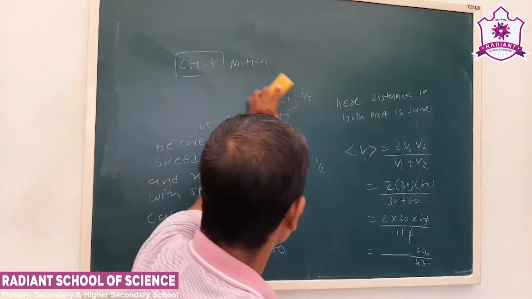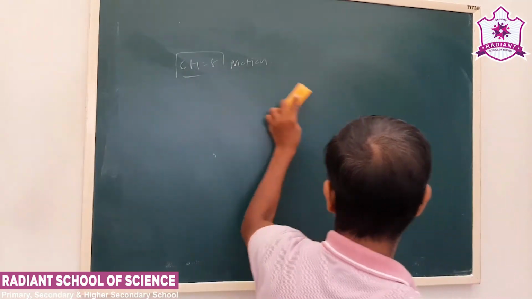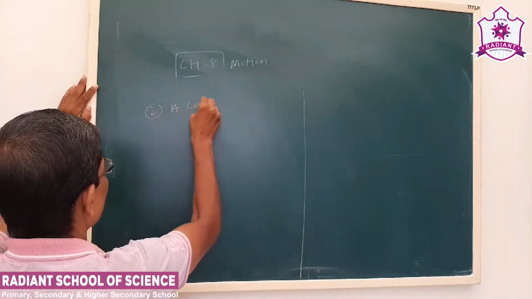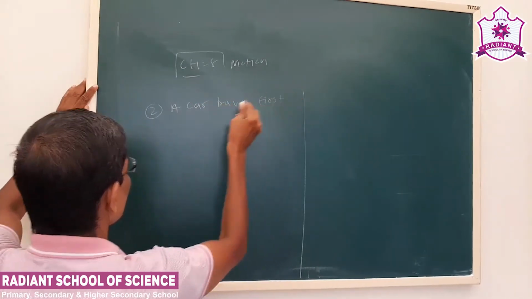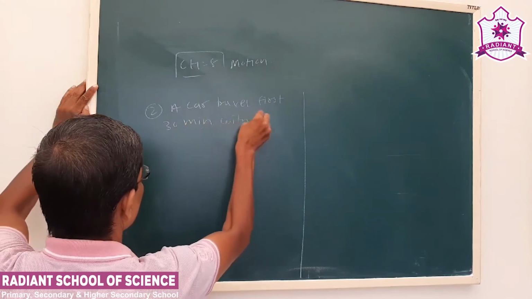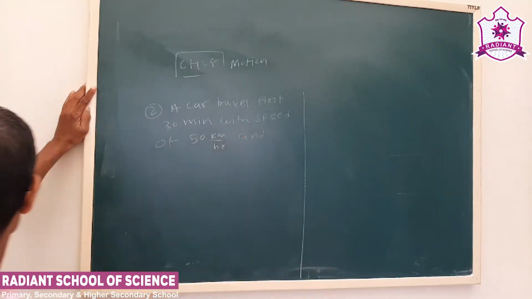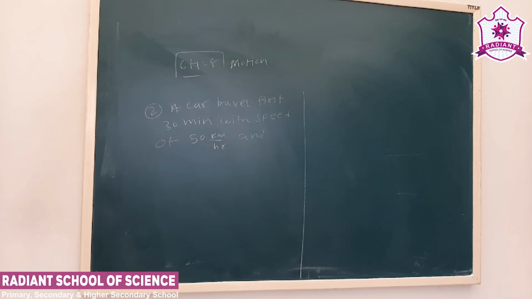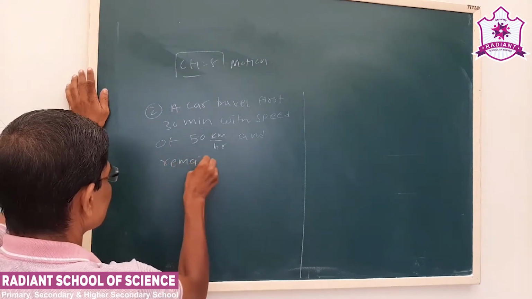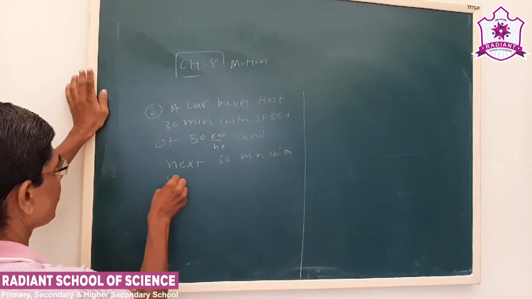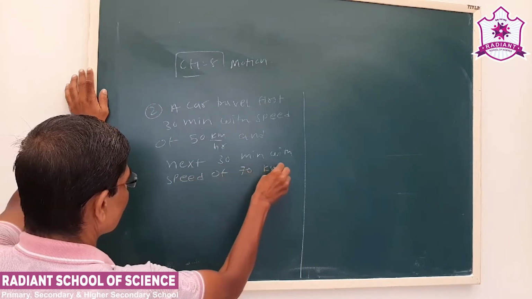Now let us say we take another example. A car travels first 30 minutes with a speed of 50 km per hour and next 30 minutes with speed of 70 km per hour.